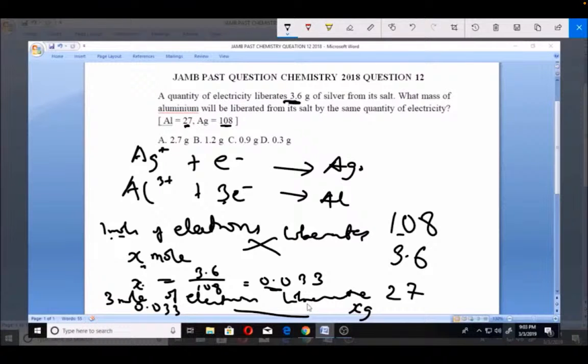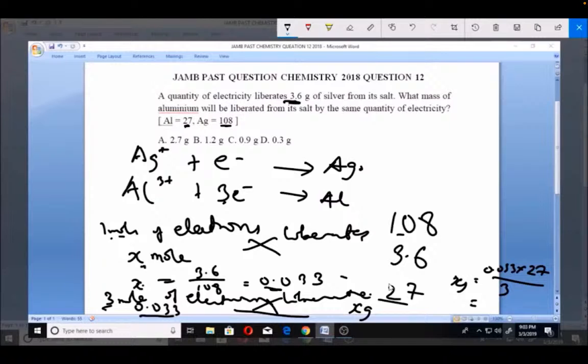Make the mass the subject of the formula, cross multiply, and you're going to have X gram to be equal to 0.033 times 27 all over 3. That's when you cross multiply. So if you do this calculation, what are you going to get?